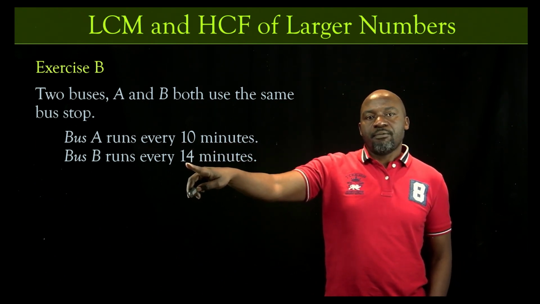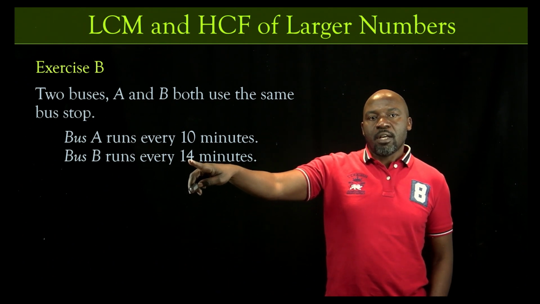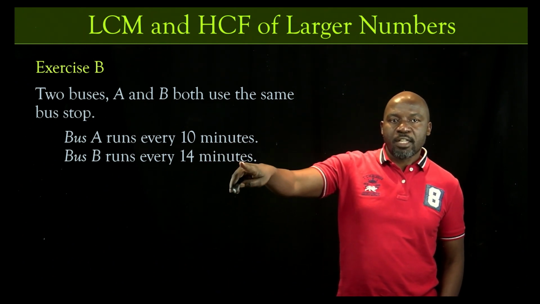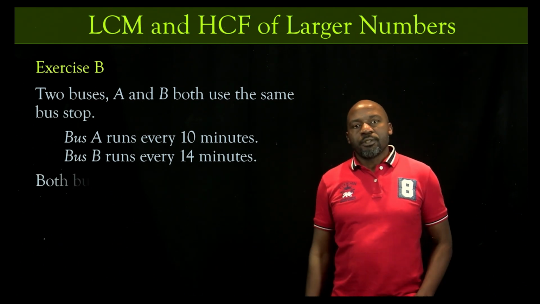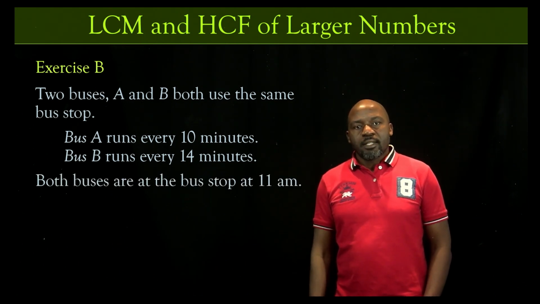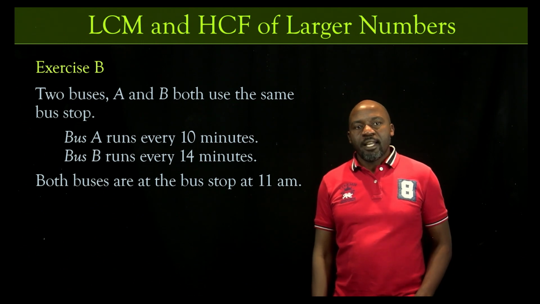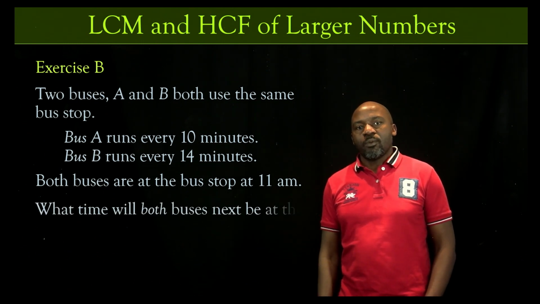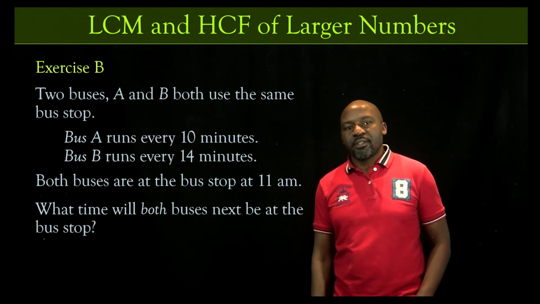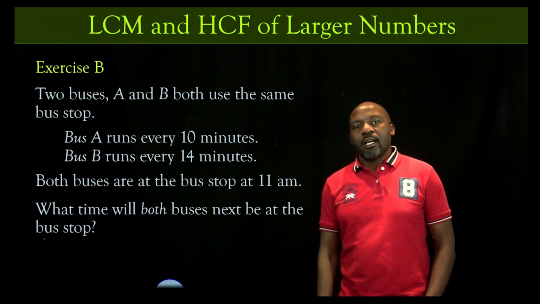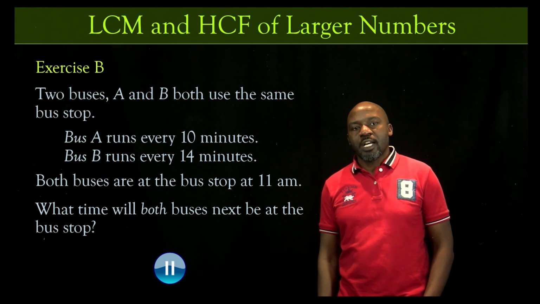Bus B will run after every 14 minutes, so after 14 minutes, the next time it runs is 28, and so on, right? So those are multiples. Both buses are at the bus stop at 11 a.m. The question is, what time will both buses next be at the bus stop? Okay, pause the video and try the question out.